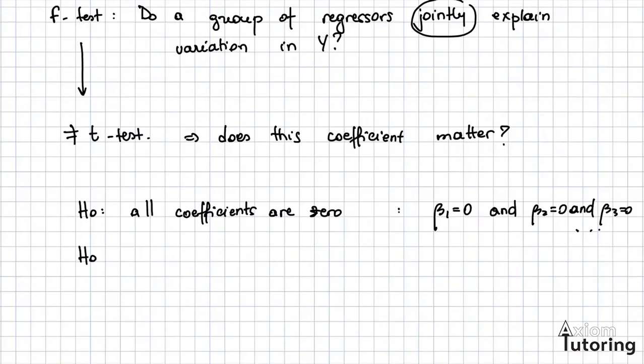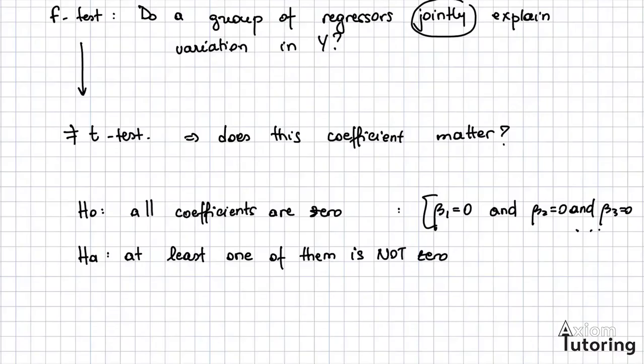While your alternative hypothesis usually is just written in words, so you don't need to come up with a mathematical way to write it. It's at least one of them is not 0.